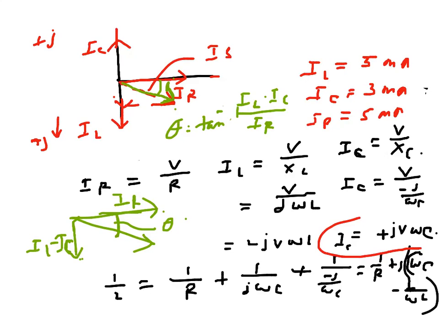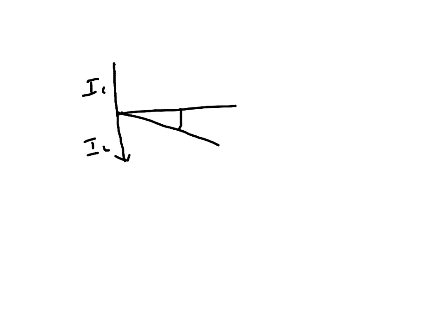And in power factor we used to say, I will erase this and draw again. Let's say this one is the current, and here is IL, IC being greater than IL, and let's say this is IR.